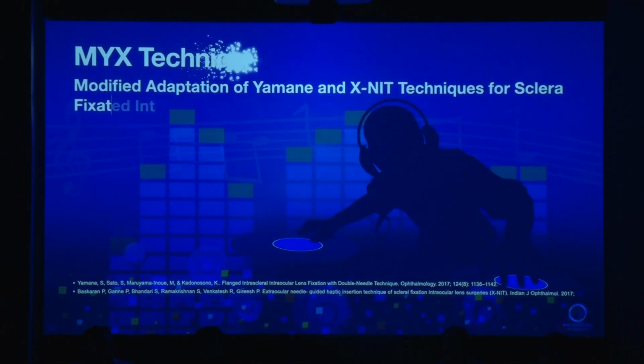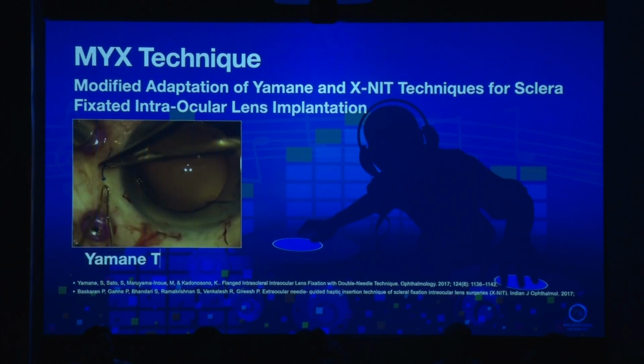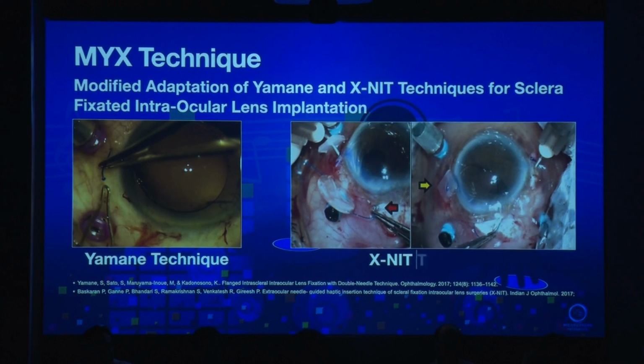So we described the MYX technique, which is a modified adaptation of the Yamane and the Exnick techniques, where the externalized haptic is cauterized to form a flange like the Yamane technique, and the needle is brought out of the sclerocorneal tunnel and the prolene haptic of a 3-piece IOL is introduced externally like the Exnick technique.